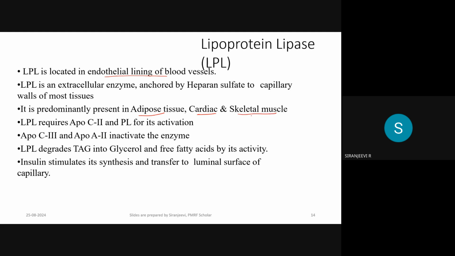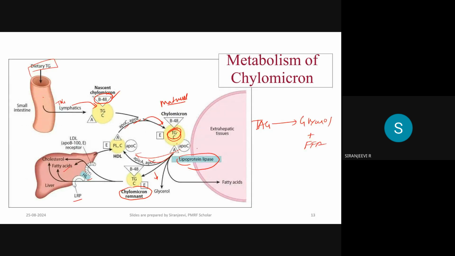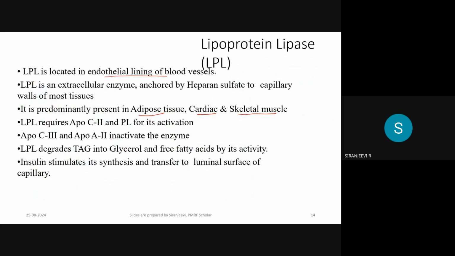This LPL requires ApoC2. This ApoC2 will activate the lipoprotein lipase, whereas ApoC3 and ApoA2 inactivate the enzyme. This LPL degrades the TAG into glycerol as well as free fatty acids.